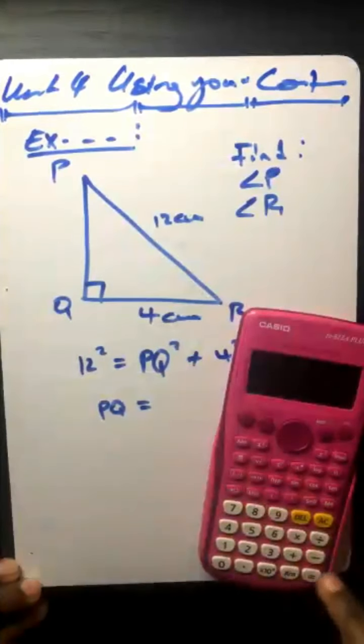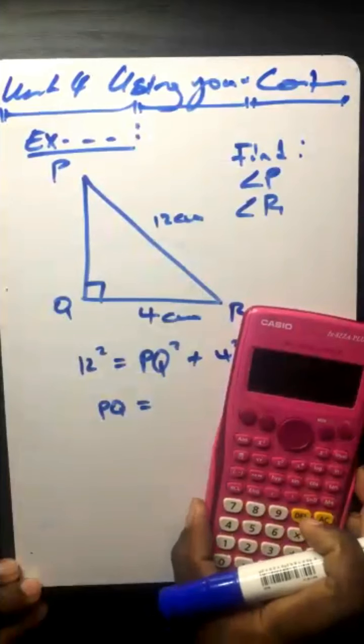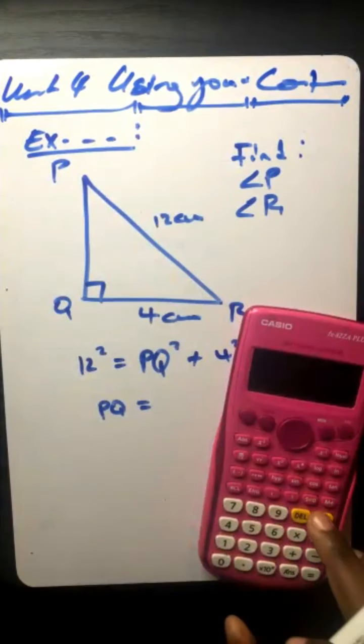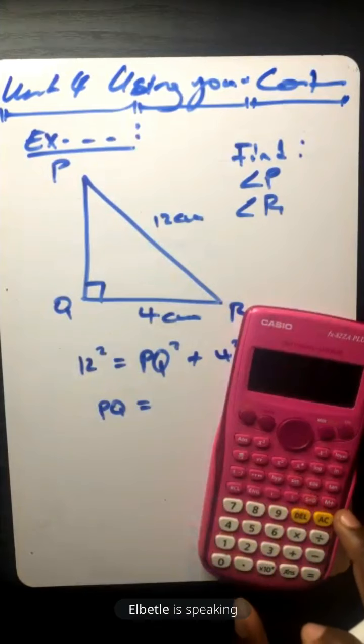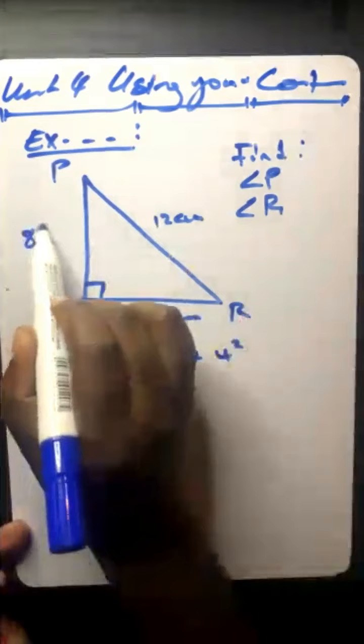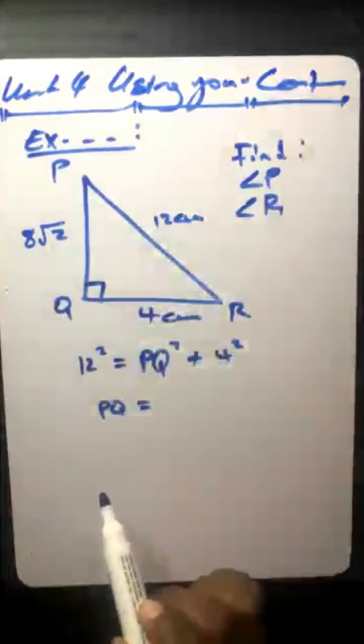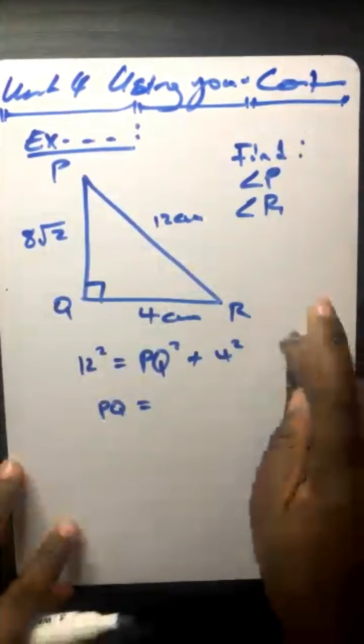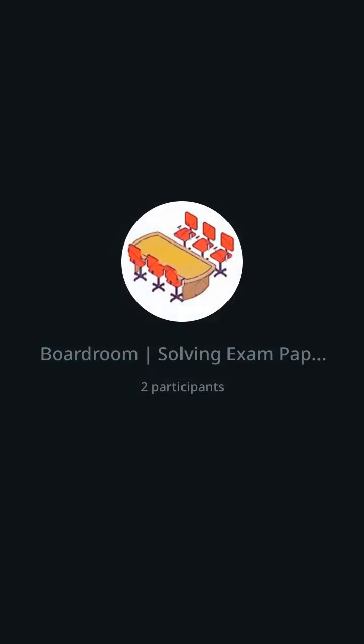Square root of the answer, it seems to be... are you also getting 8 square root of 2? Yeah, 8 root 2. Okay, 8 square root of 2. So it's that side. Then, because now we have 3 sides, it means we can find the angles.